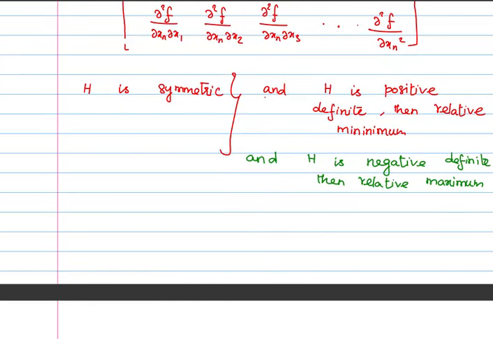Suppose H is symmetric and H is semi-definite, then this test is inconclusive, the test fails; we cannot say anything.